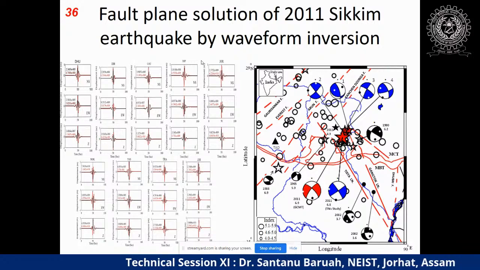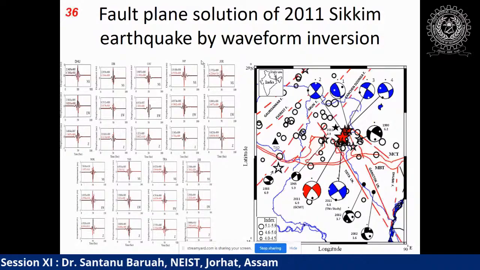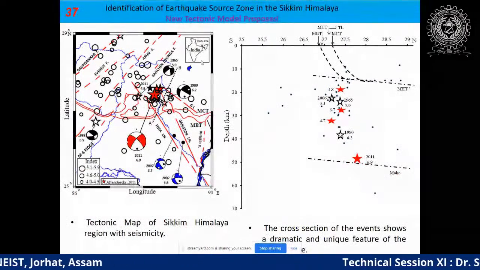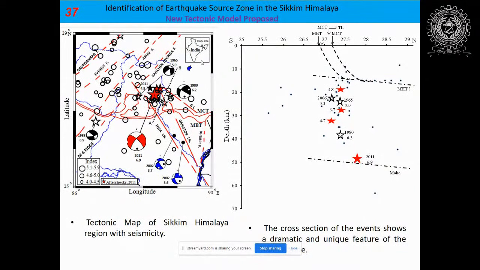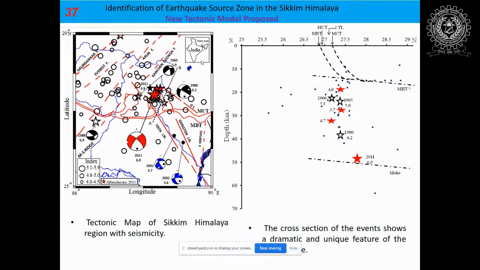For this work, we used around 10 seismic stations. From the waveform inversion results, we derived a new tectonic model for the Sikkim Himalaya region. According to our new tectonic model, the earthquakes in Sikkim Himalaya are due to a deep rooting strike slip fault and not due to any kind of over-thrusting or thrusting fault.